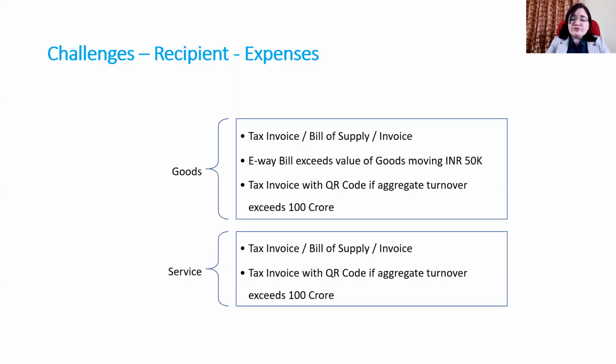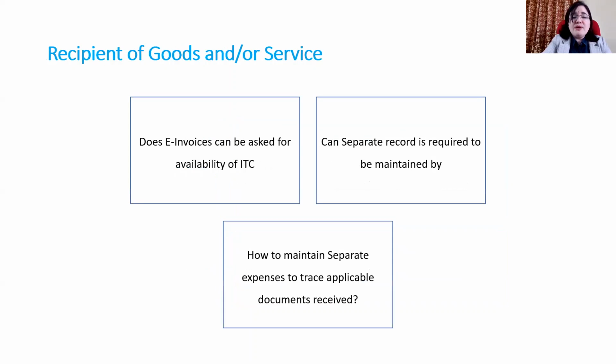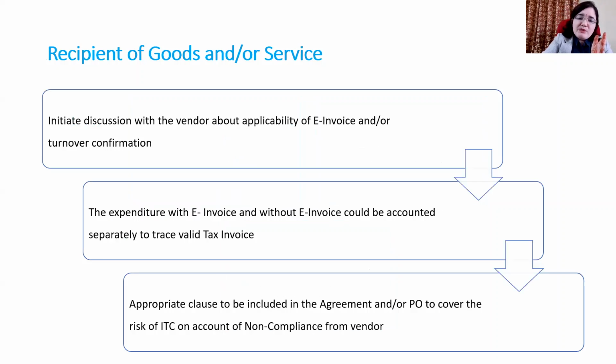I have to track. So friends, even as a recipient, we suggest that if your company is a big company, you can track the records separately for tax invoices with QR code and tax invoices without QR code in the system itself. It is very beneficial for the departmental audit.